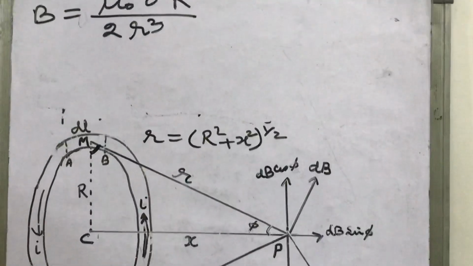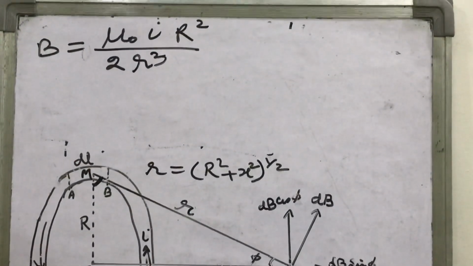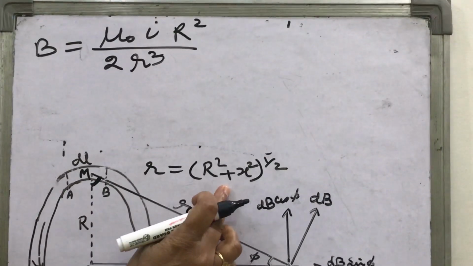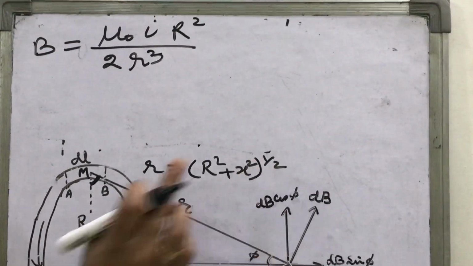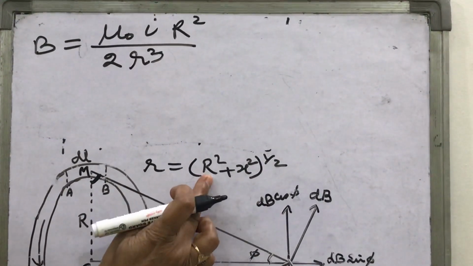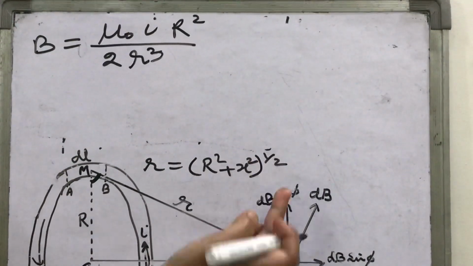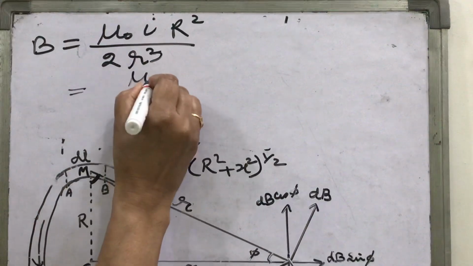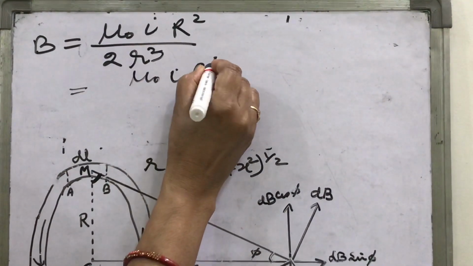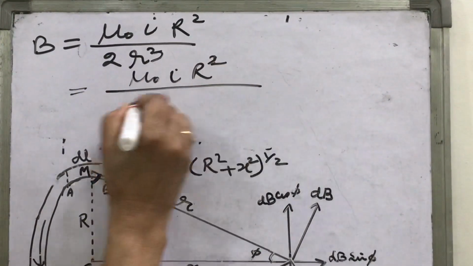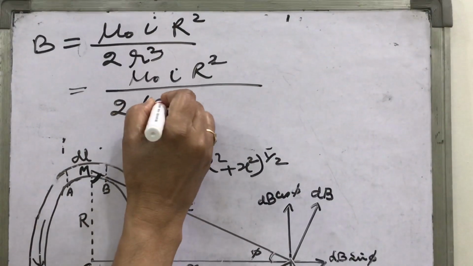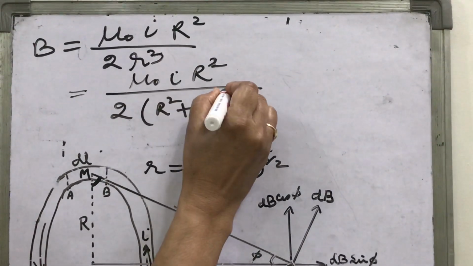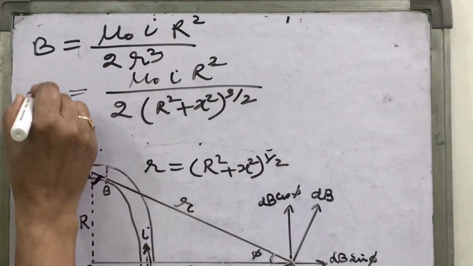This R cube means power, what will the power become? If you cube it, then half into 3, that will become 3 by 2. So you can also write here that mu naught I r square upon 2 within bracket r square plus x square to the power 3 by 2.